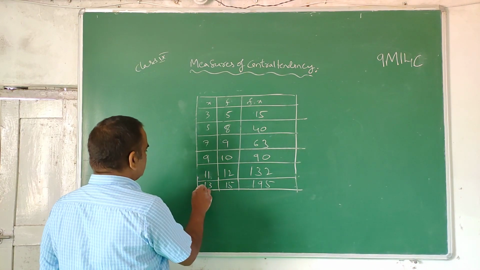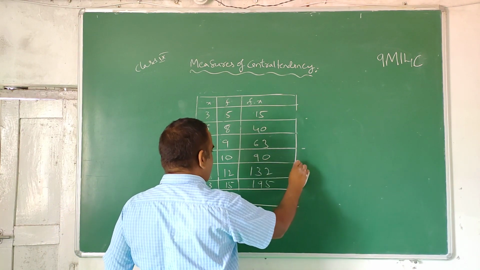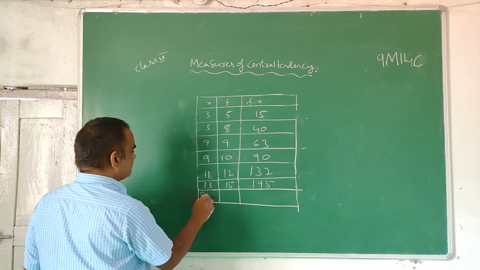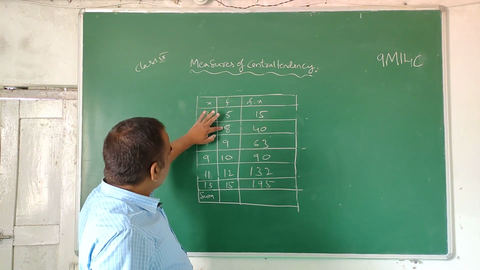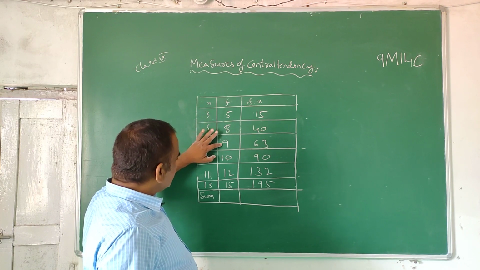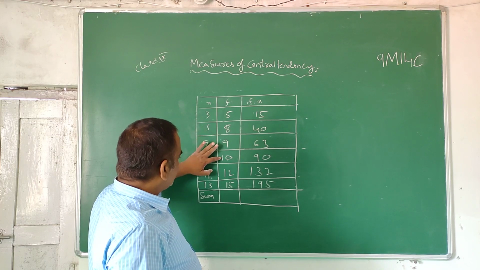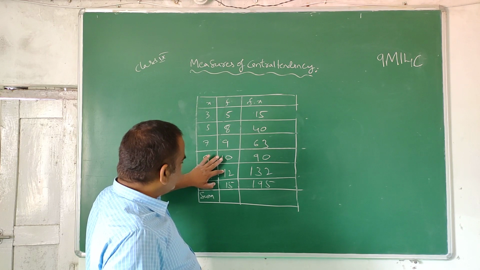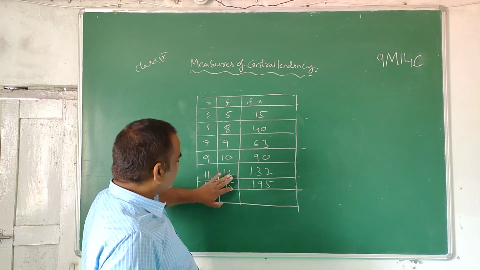Now the last block is for the sum. So you have to add them. This is the block for sum. You have to add all the frequencies. 5 plus 8 is 13. 13 plus 9 is 22. 22 plus 10 is 32. 32 plus 12 is 44. 44 plus 15 is 59.